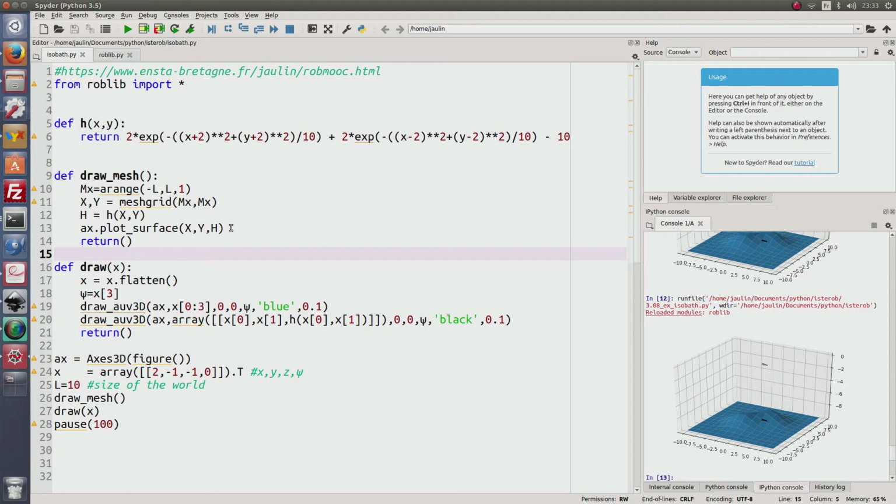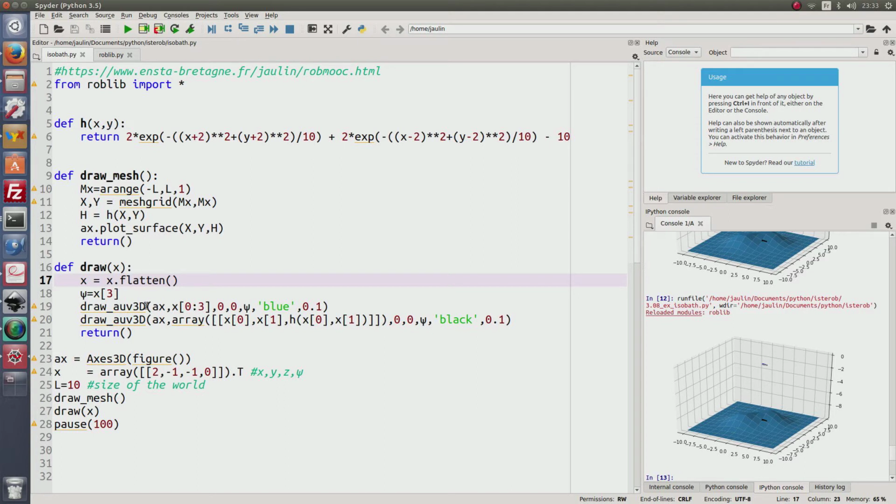Here I have plotted the surface, so I have a three-dimensional view of this, and also I have drawn the AUV, autonomous underwater vehicle, in 3 dimensions.